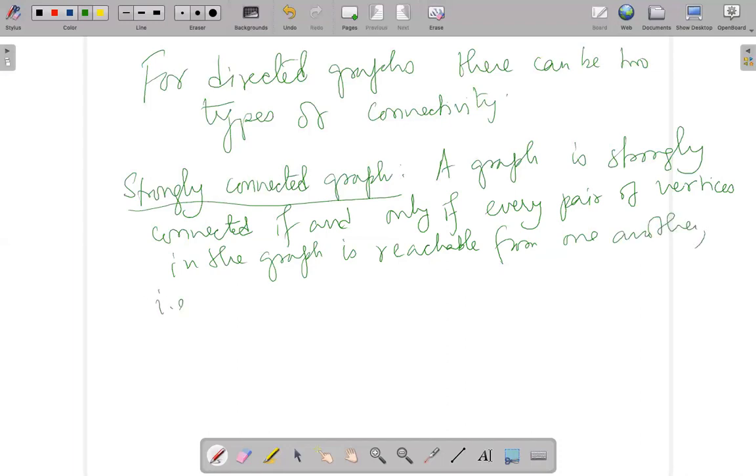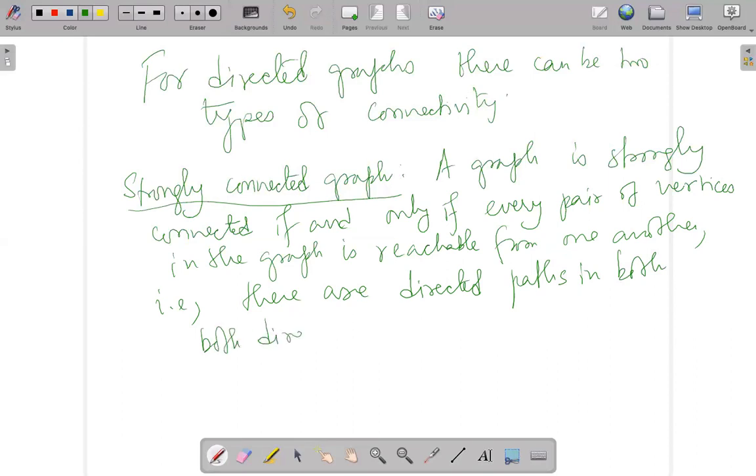That is, there are directed paths in both directions for every pair of vertices.